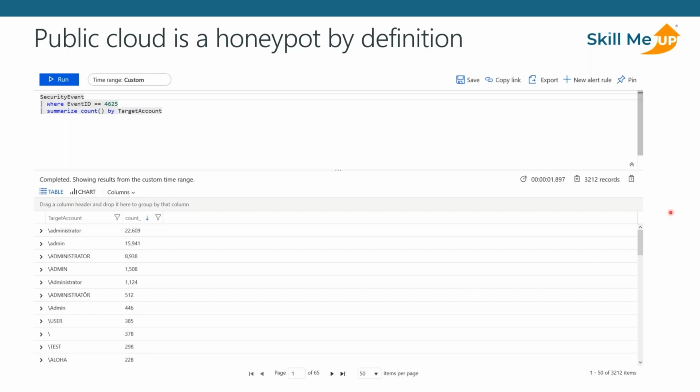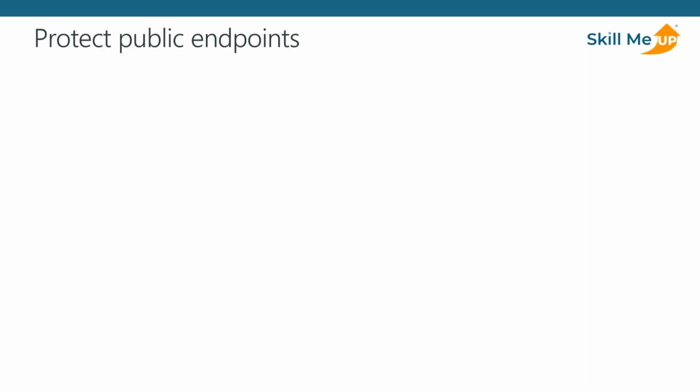And the list goes on. So over 24 hours, just one virtual machine available to the internet, just one mistake, and I already have over 3,000 different users attempted to be logged in. This is most likely not as visible in our intrusion detection, and very susceptible to password spray type of attacks. So we should really protect public endpoints.